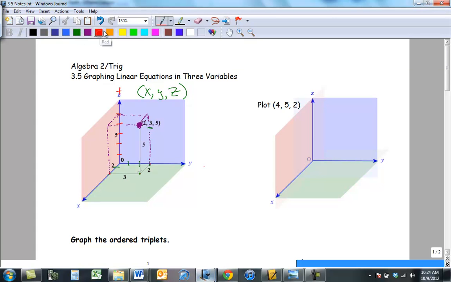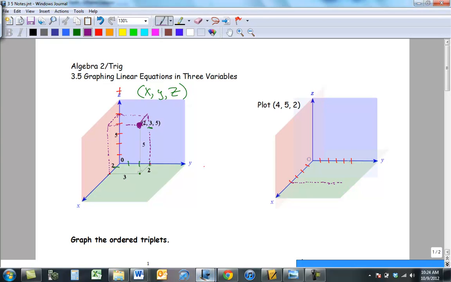All right, so let's go to number 2 here. (4, 5, 2). The x-axis is 4, so we're going to go across 1, 2, 3, 4. There's 4 right there. The y-axis is 5. 1, 2, 3, 4, 5. So, from x being 4, go parallel to the y-axis across like this.